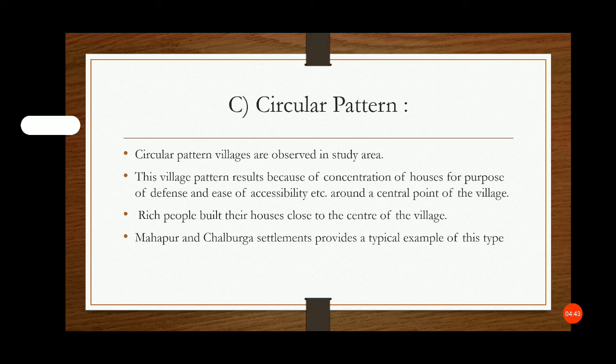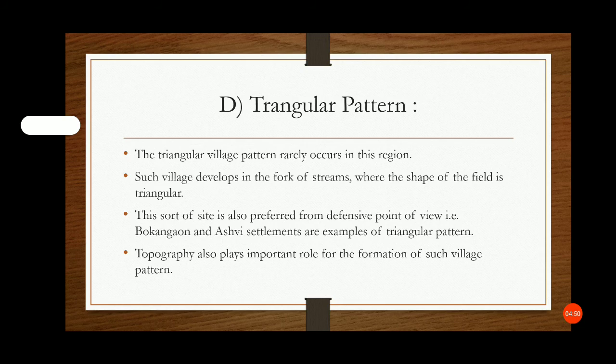In Rajasthan, there are some villages located in a circular pattern. Triangular pattern. In the delta region, mostly, there is a confluence of two rivers or two roads, and a triangular pattern develops. Such villages develop in the fork of streams where the shape of the field is triangular.